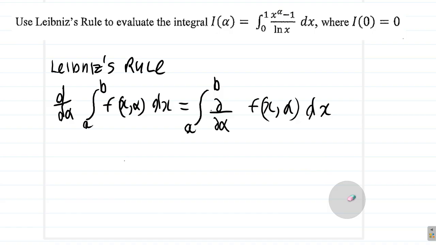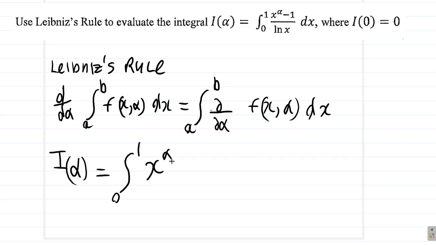So, let's see what happens in this case. What we have here is I of alpha equal to the integral from 0 to 1 of x to the alpha minus 1 over ln x dx. We don't have a derivative here.